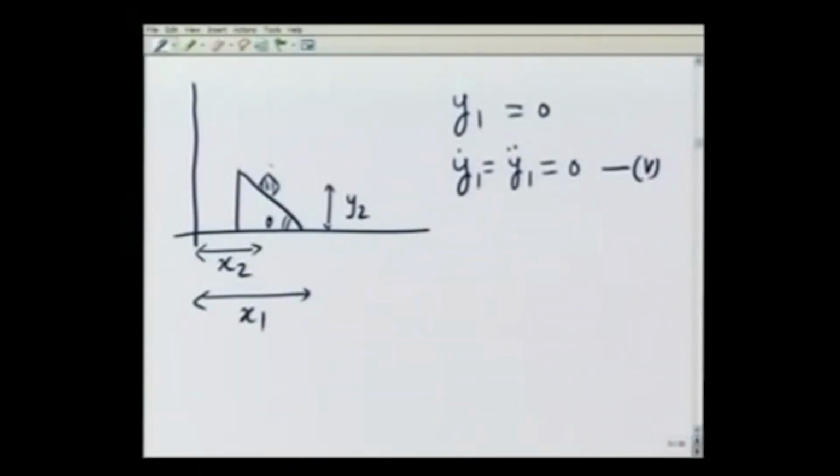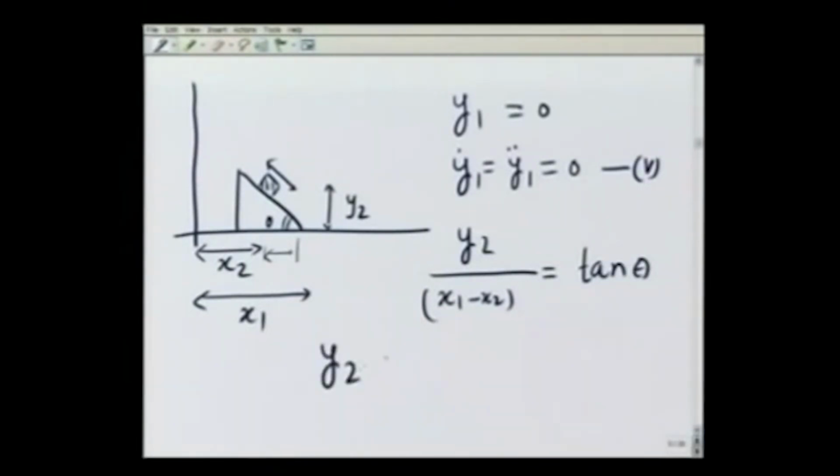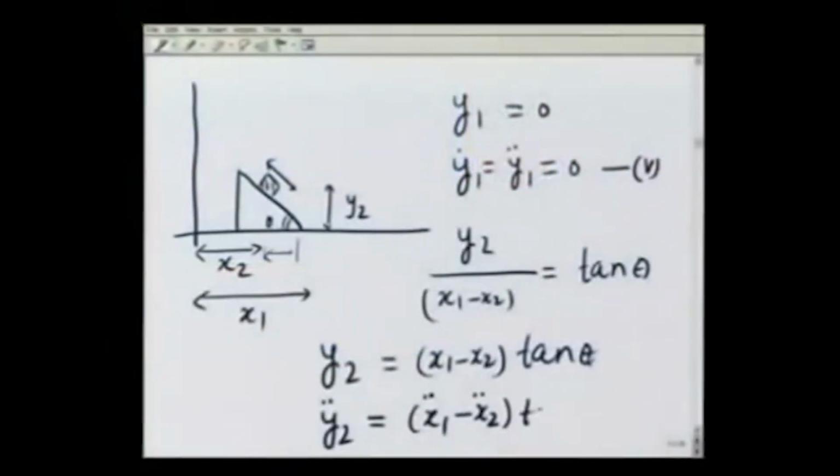And the block always moves on this inclined plane, and that means y2 divided by this distance, which is x1 minus x2, is fixed, equal to tangent of theta, and therefore y2 is equal to x1 minus x2 tangent of theta, or y2 double dot is equal to x1 double dot minus x2 double dot tangent of theta. That's my equation number 6.